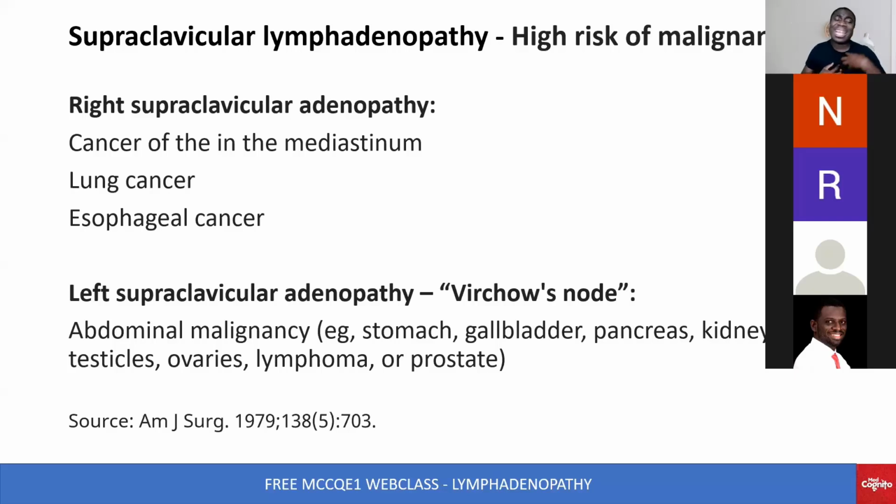If it is on the left, then you're looking at things like Virchow's nodes, that is abdominal malignancies like stomach cancer, gallbladder cancer, pancreatic cancer, kidney cancer, testicular cancer, ovarian cancer, lymphomas, prostate cancer. So what am I trying to point at?